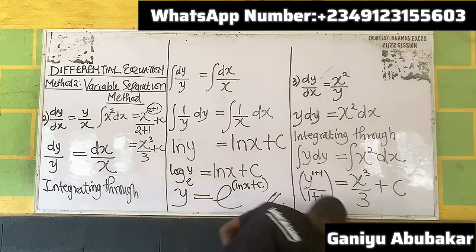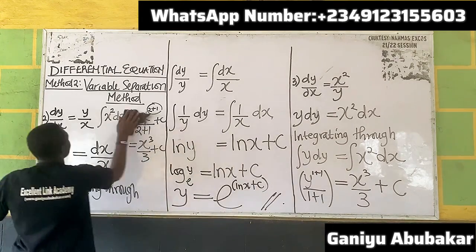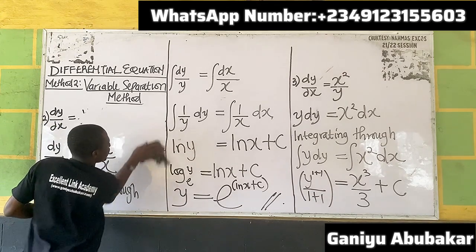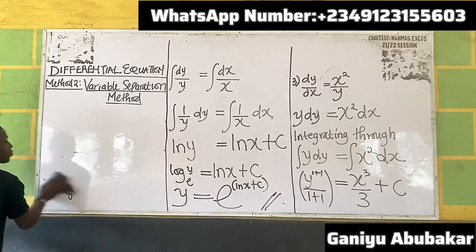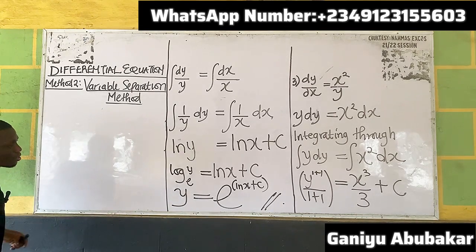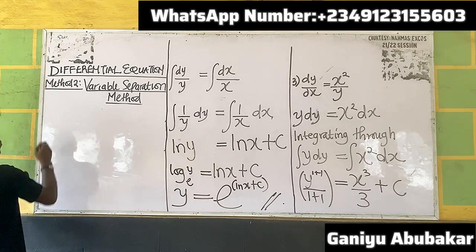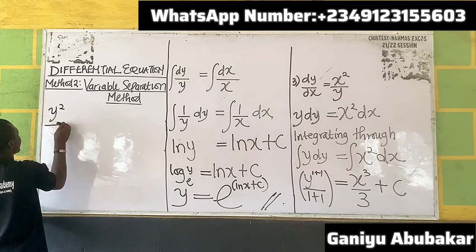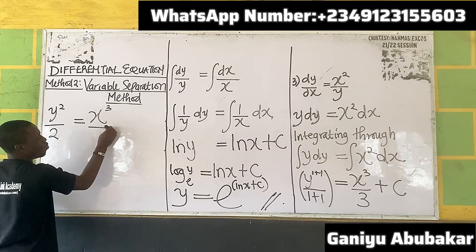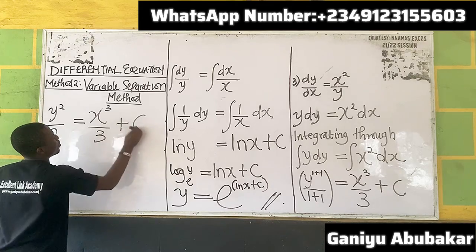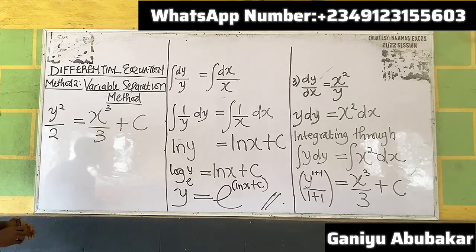Let's proceed further. From here, that gives you y squared over 2 is equal to x cubed over 3 plus c. We want to make sure y is the subject of the formula, because we're trying to bring back the value of x to y.